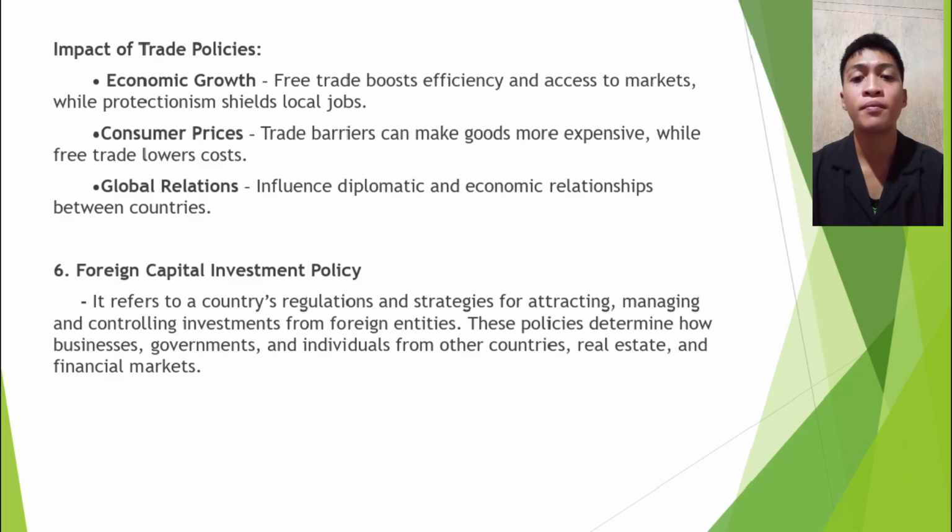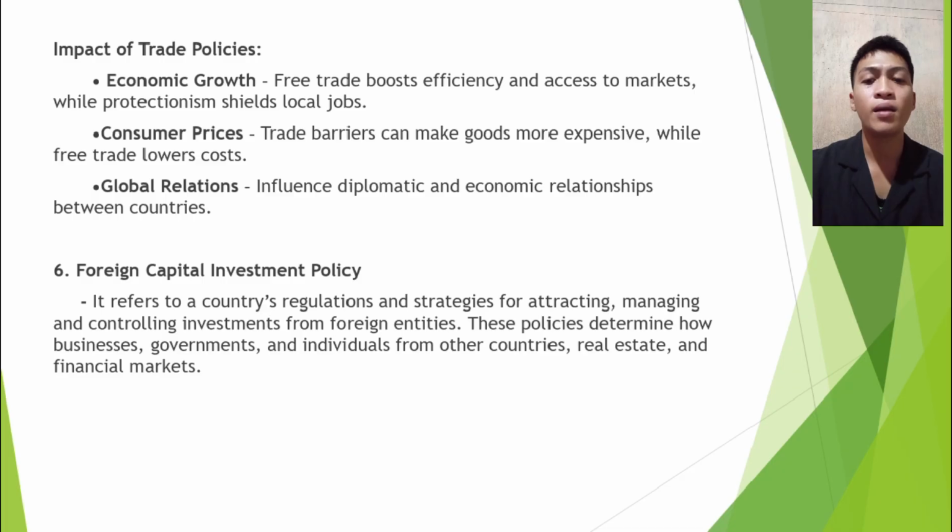In consumer price, trade barriers like taxes on imports usually make goods more expensive for people to buy. For instance, a tax on imported cars makes all cars cost more. Free trade usually lowers prices for people because businesses have to compete more, forcing them to be efficient and innovative.